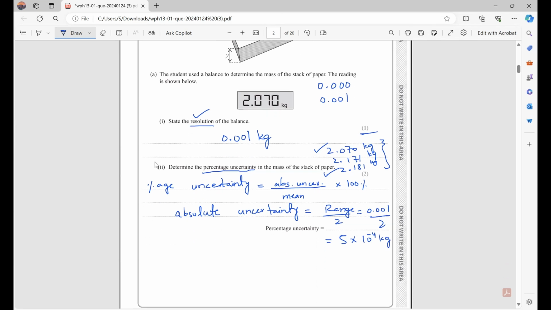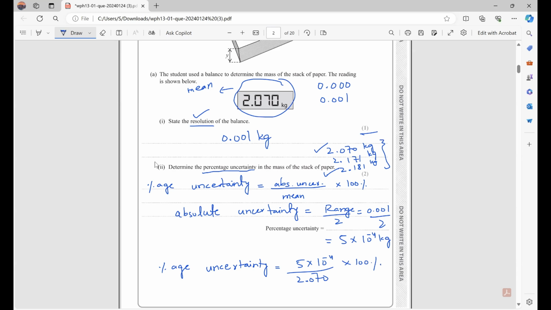So percentage uncertainty would equal the absolute uncertainty, which is 5 times 10 to the power minus 4, over the mean value. The mean value is your measured value, because you usually find it by taking several measurements and then calculating the mean. So this is your mean value, 2.070, times 100%.